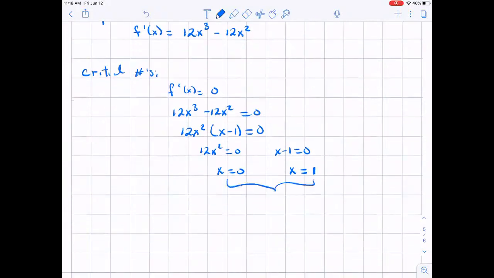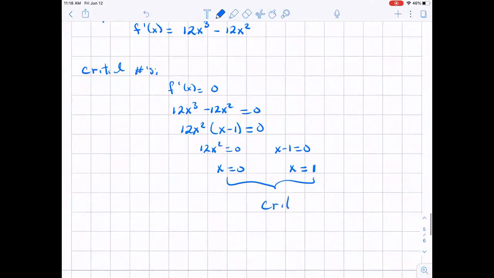These are the possible critical numbers.